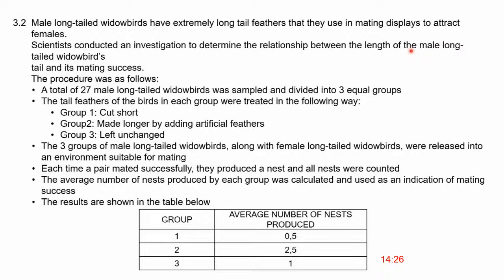So, what they basically did was, they had 3 groups, and each group was different in terms of the tail length. And they used as an indicator of successful mating the fact that the males and the females would then build a nest to get ready for laying eggs. Okay?